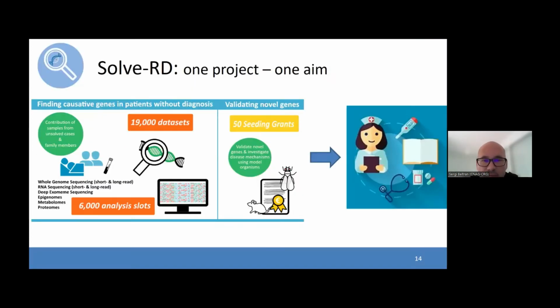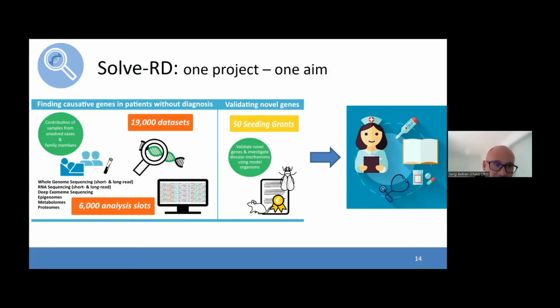What are we aiming to do in this project? We are aiming to solve rare diseases. Obviously, this is a very ambitious goal.